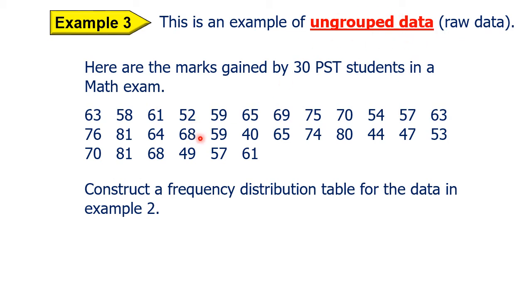So later when we group the data, we will have a class interval to group this data. In order to group this data, the question asks us to construct a frequency distribution table. So this one should be example 3 and not example 2.